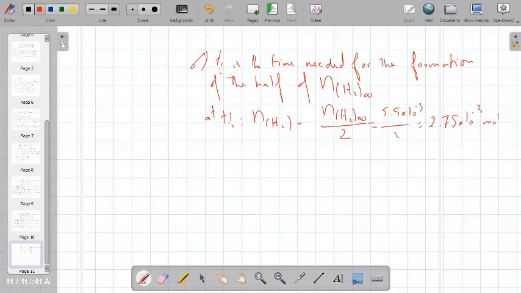We determine the abscissa of the point of ordinate 2.75 times 10 minus 3 on the curve, and we say according to the graph, T half equals the value that you should determine on the graph.